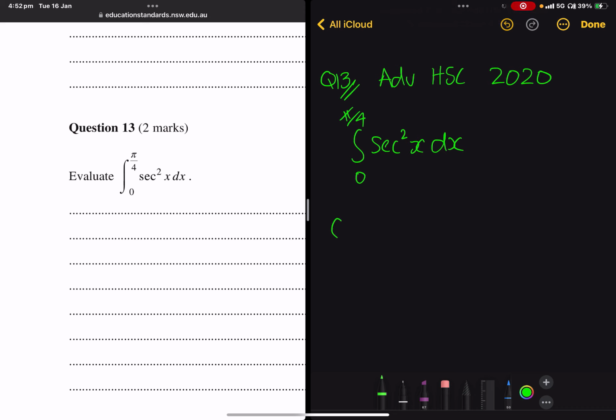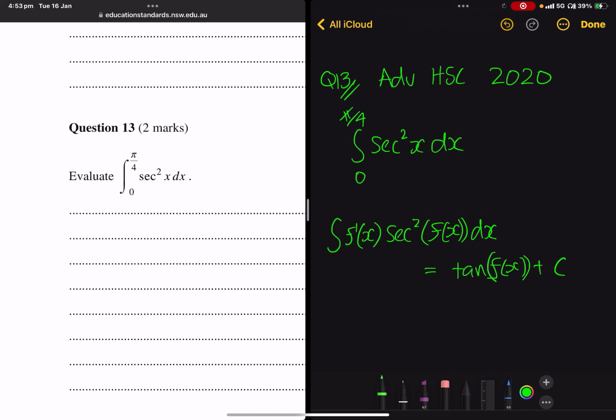So we're told on the formula sheet, it's listed in a more general functional form, but we're going to be using it here. The integral of f prime of x times secant squared of f of x dx is equal to tan f of x, I should say, plus a constant.